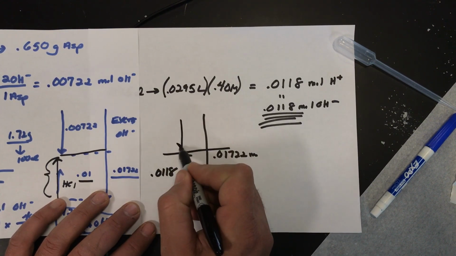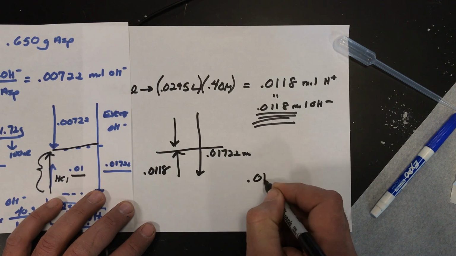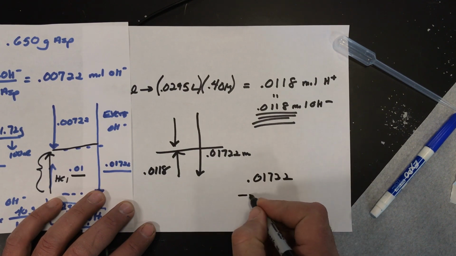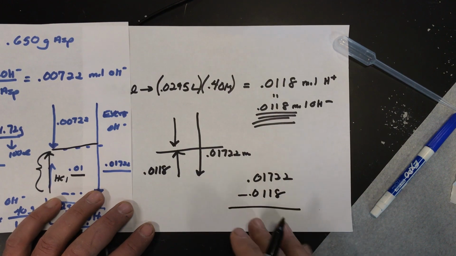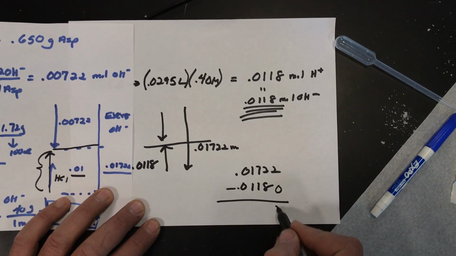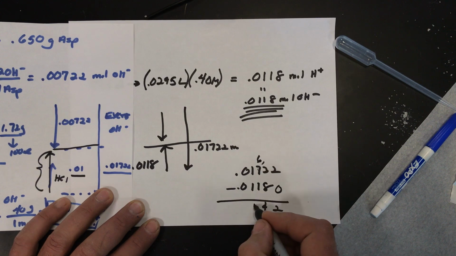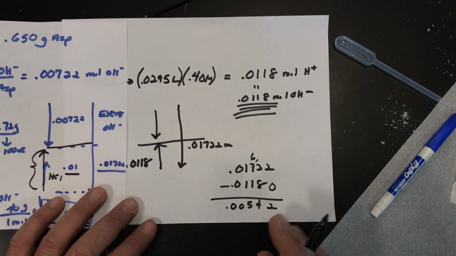Okay, so what's the difference? Let's subtract. 0.01722 minus 0.0118, what's that value? 0.00542.